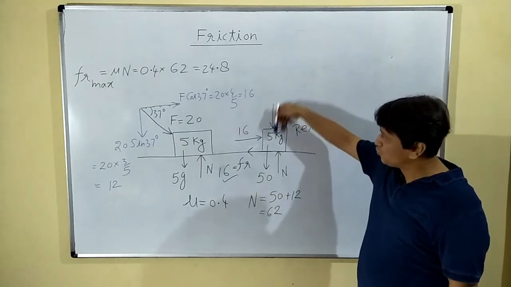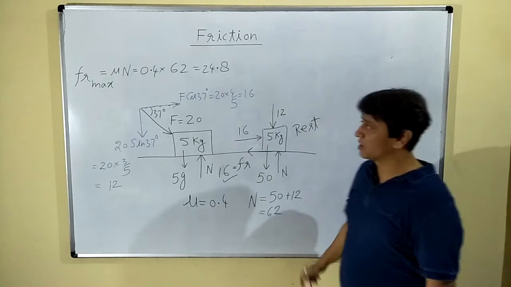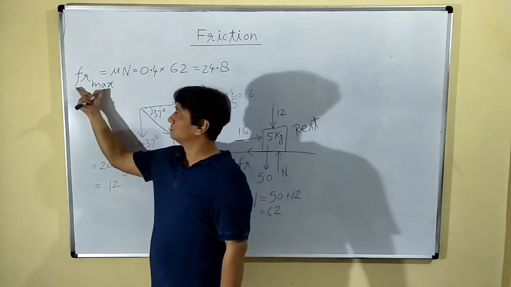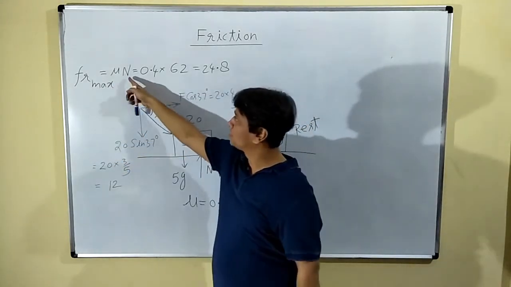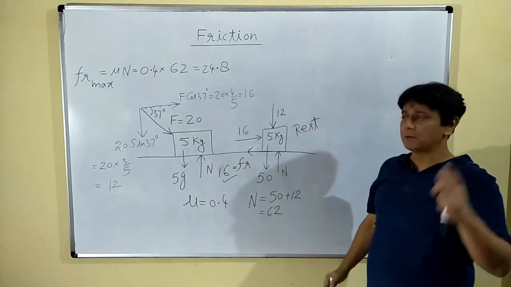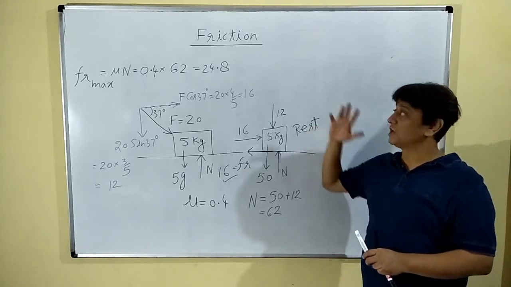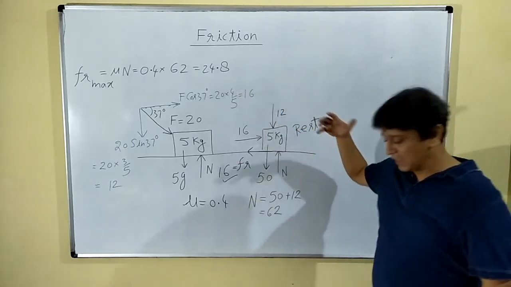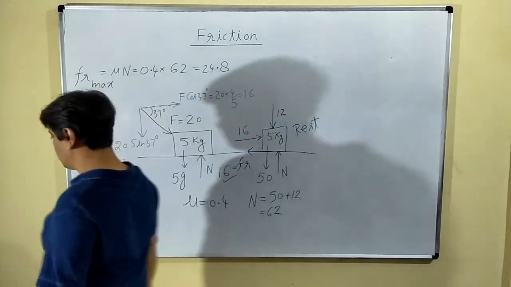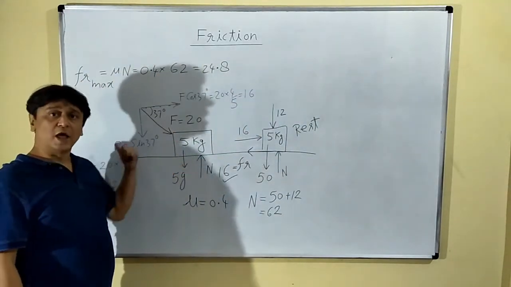Because of this downward push, normal reaction increases, and if you increase normal reaction, FR maximum, which depends on normal reaction, that also increases. इसका मतलब इस बॉडी को रोकने वाले लोग ज्यादा हो जाते हैं, and that's the reason it's difficult to push and move a body than to pull and move it.